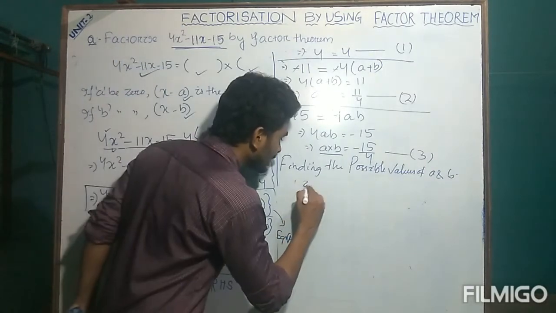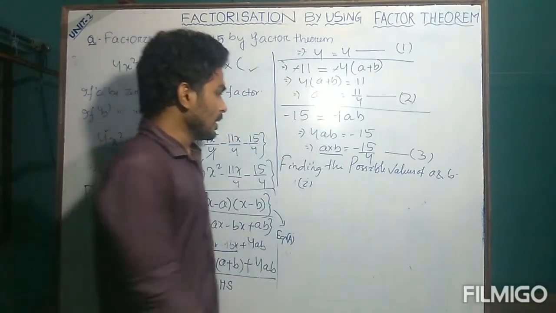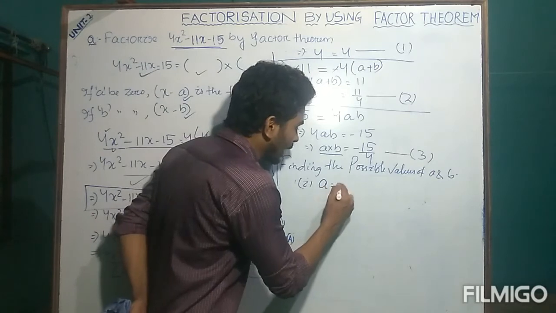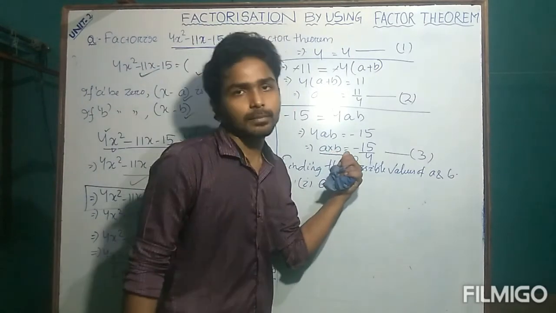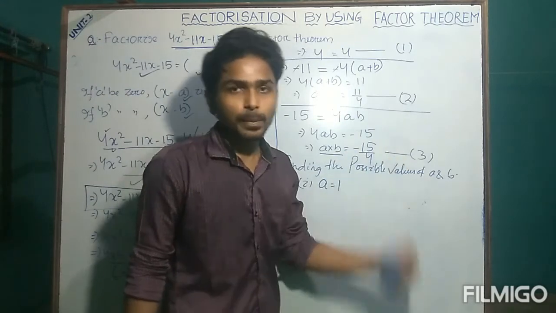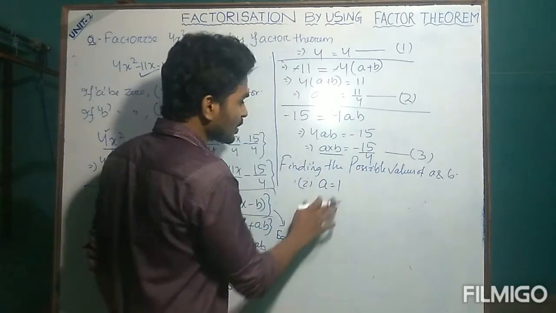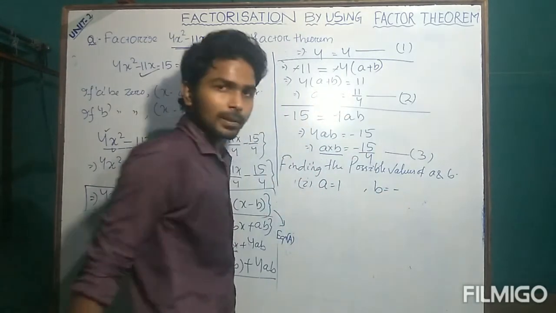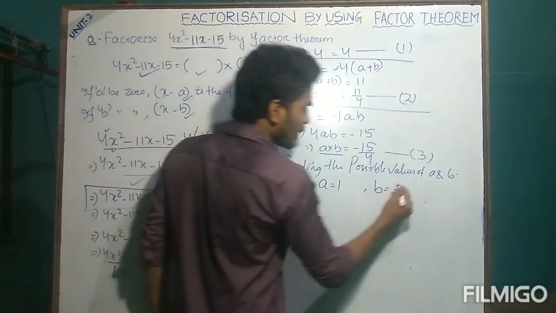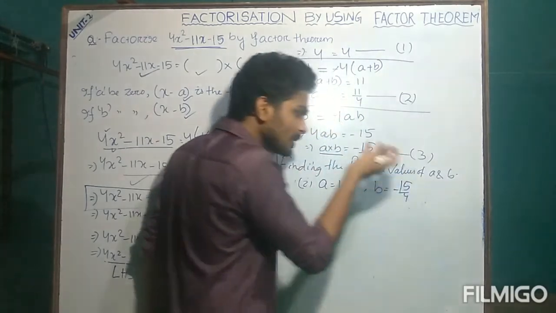Okay, so let us assume, suppose I take a to be 1. If I take a to be 1, then what should be the value of b so that the result will be minus 15 by 4? Since a is equal to 1 and we need a negative sign here, b must be a negative number. If 1 is multiplied with 15 by 4, the result will be the same.